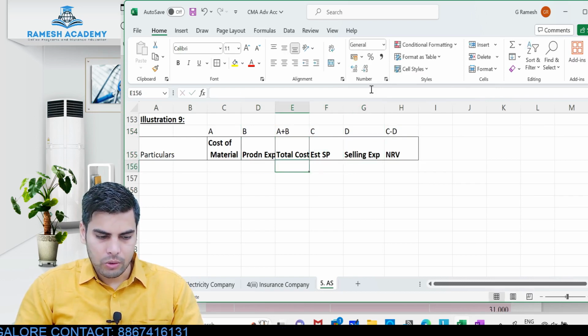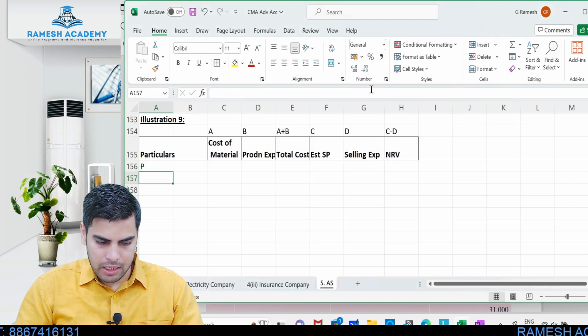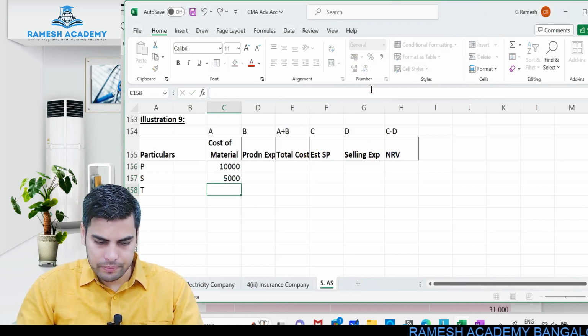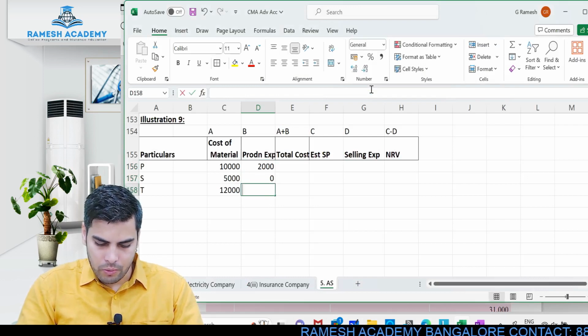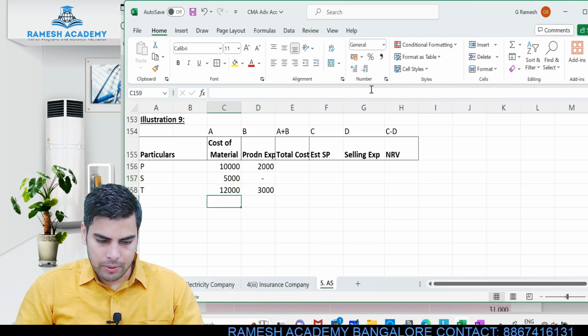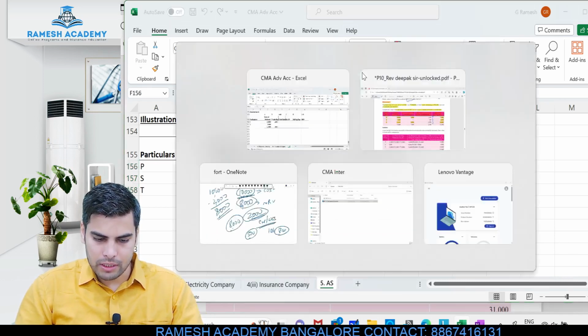Alright, so look at this. What all products have they given? They have given three products: P, S and T. What is the cost of material? 10,000, 5,000 and then 12,000. Production expenses are 2,000, 0 and 3,000. Total expenses I need to calculate, so they wouldn't be given; they would have just given these items.